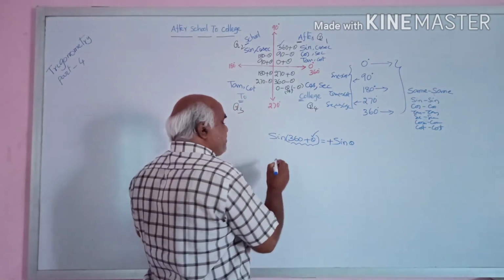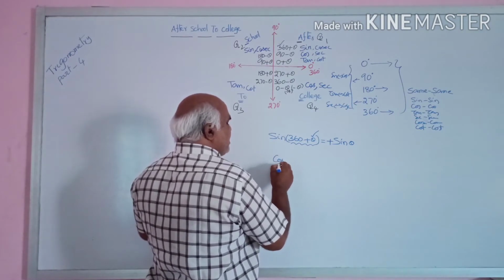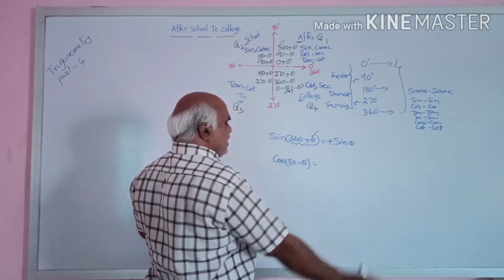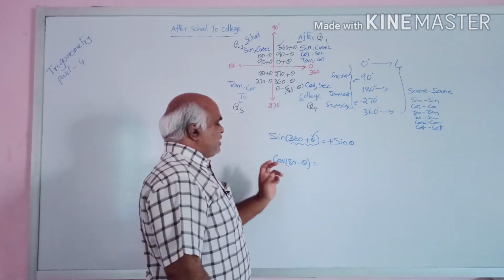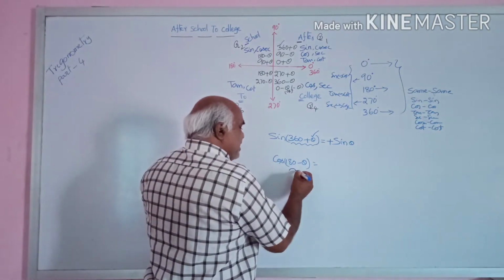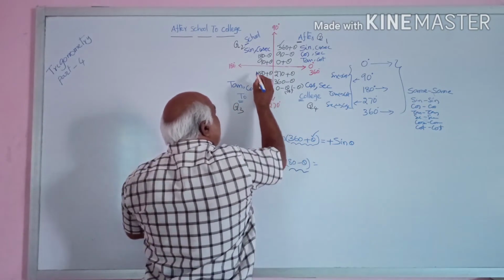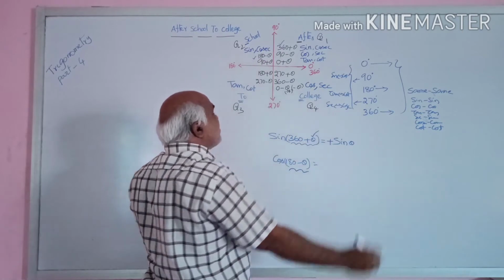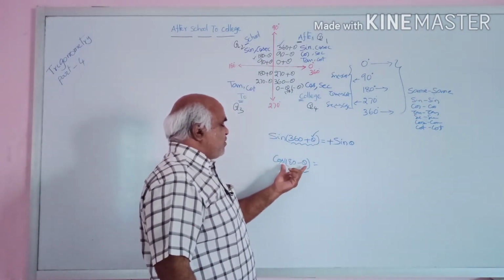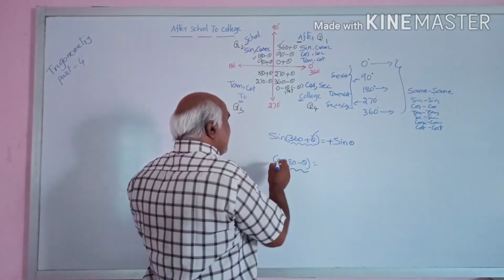Next, come to the cos of 180 minus theta. For applying this, 180 minus theta is in second quadrant. In second quadrant, cos lies or not?